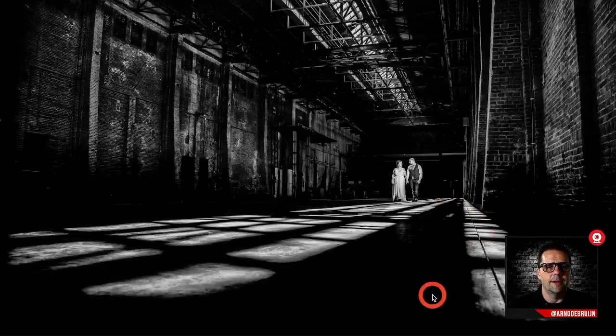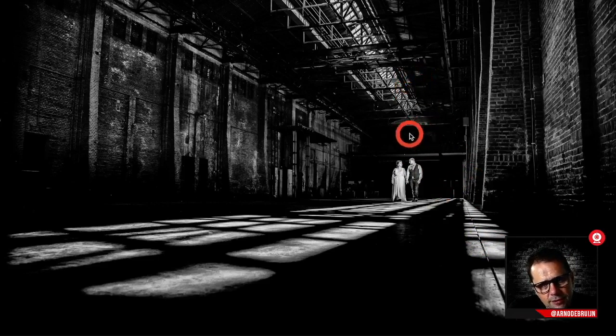The next one is also a two light setup. One light from behind, that is the sunlight and the silhouette and shadow light on the floor, and the other light source was from here. We moved the couple to this location, and from behind this little wall we pointed a speedlight on a stand onto the couple, and we shot 3 or 5 frames while they were walking and talking to each other.